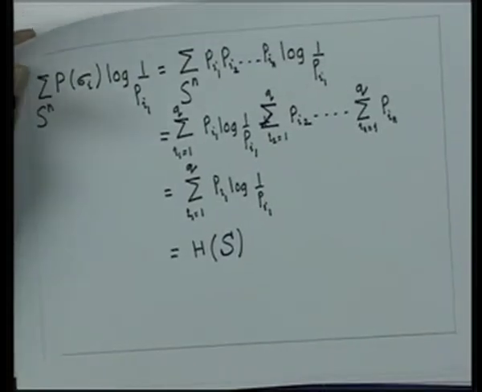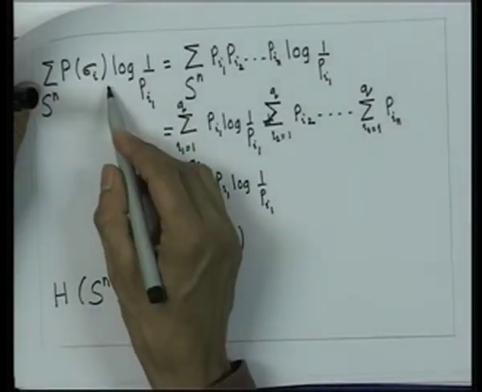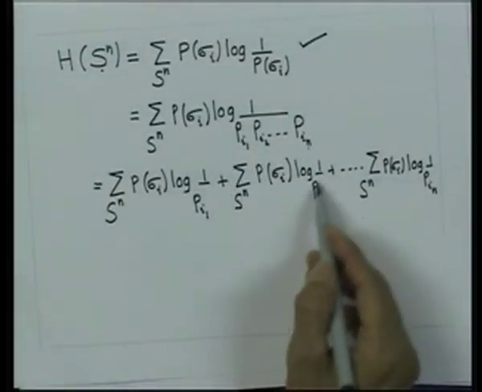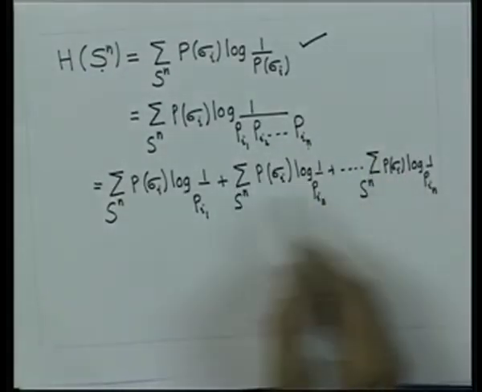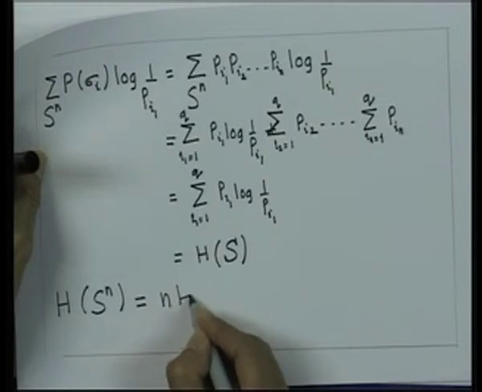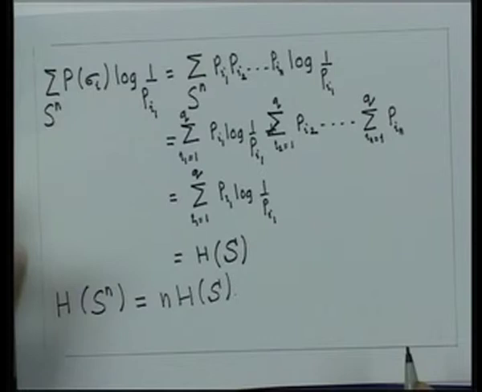So, my final expression for the entropy of the nth extension of the source will be, I have shown that this is the entropy I get for the first term here. Similarly, I can show that this is H(S), this is H(S), and I have n number of terms. So, finally, I get this value to be equal to n times H(S).